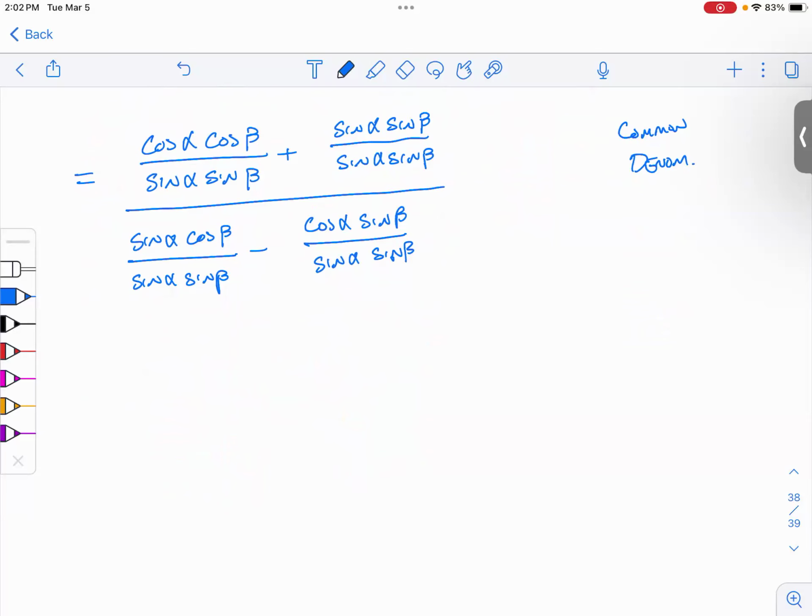Okay, so common denominator. Then I'm going to put it all together as one big fraction. And actually, we can leave it, change it, flip it all in one step too, just because it's a lot to write.